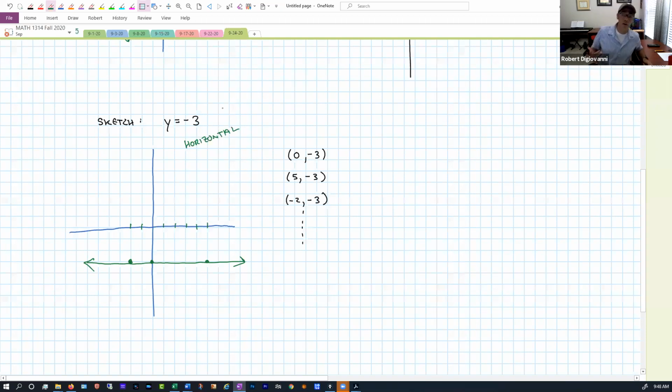So in your homework or on a test, if you ever see x is equal to a number or y is equal to a number, you just need to have that little light bulb go off in your mind and be like, oh, okay, I know this is one of those special cases.